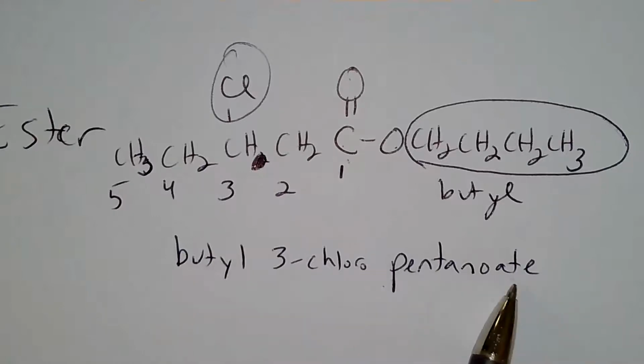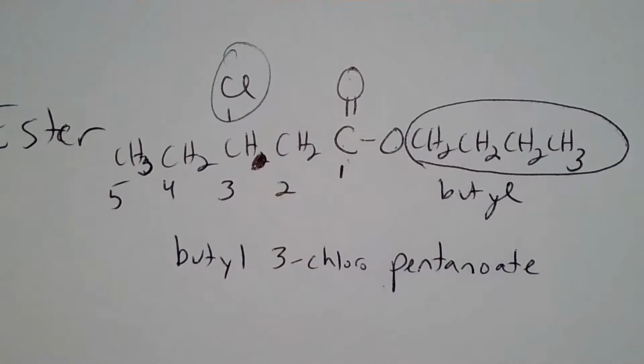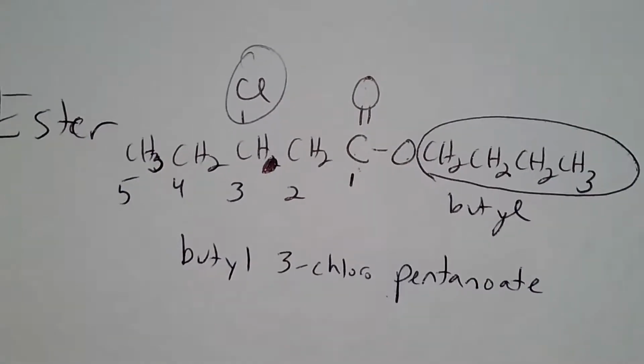Since butyl comes before chloro, that's why you write it that way. I would say out of all the functional groups, the ester is the one you need to look at a little bit more carefully, just because of it being so unusual with its naming system.